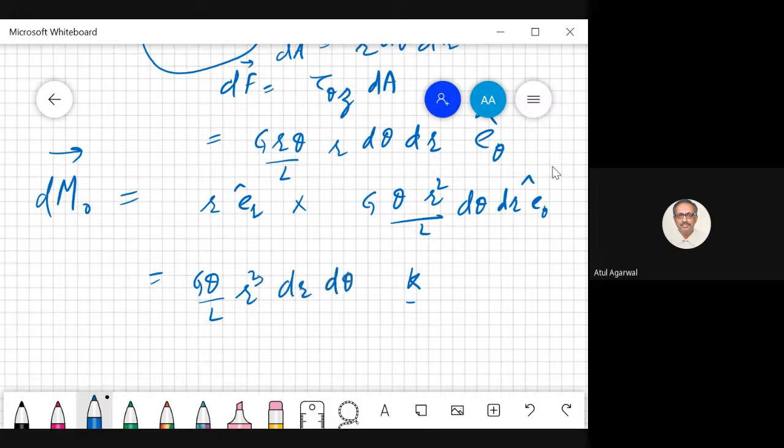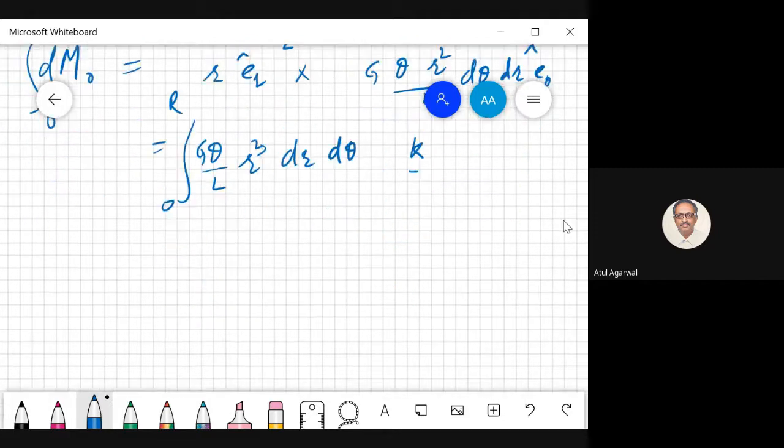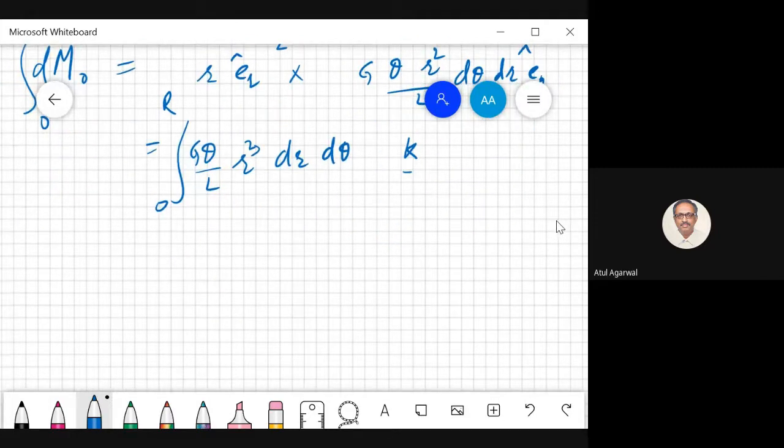Now I want to integrate from 0 to capital R, to get the total twisting moment by this internal force. This is a stress which is linearly increasing from 0 to the periphery. So you take out the constant term. The integral of r cube is R4 by 4. You also have to integrate over theta, and there is nothing that depends on theta.